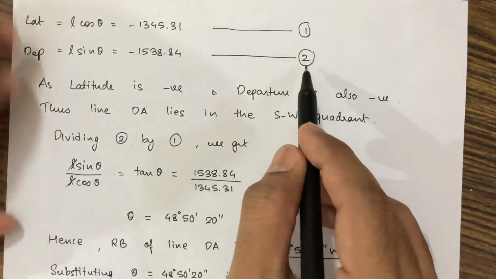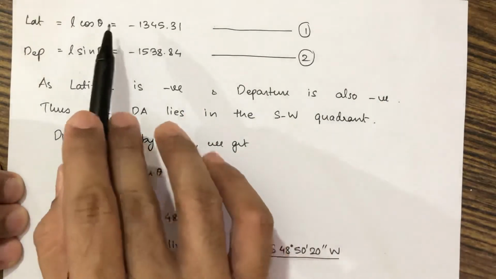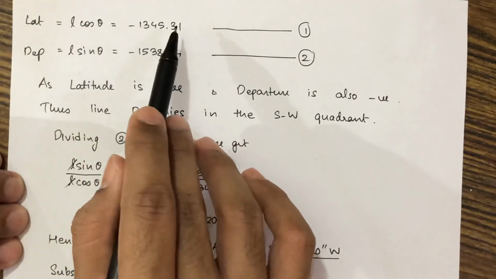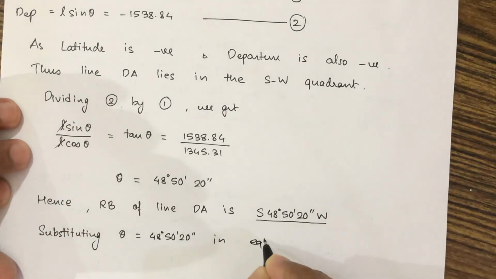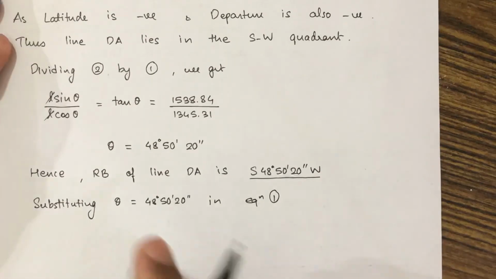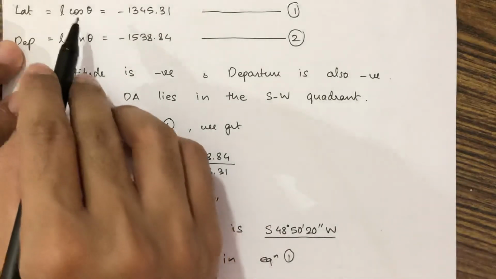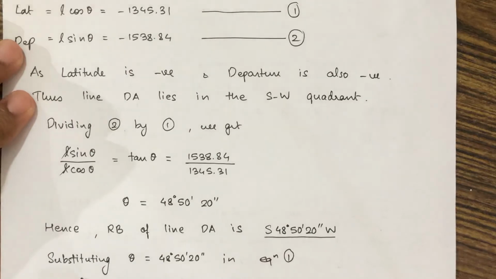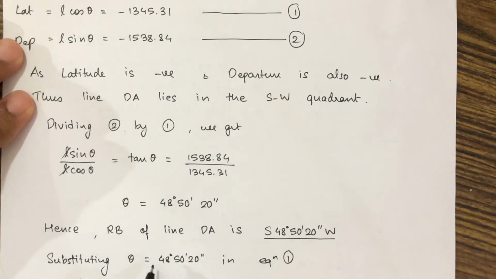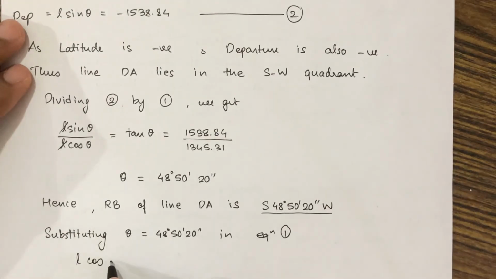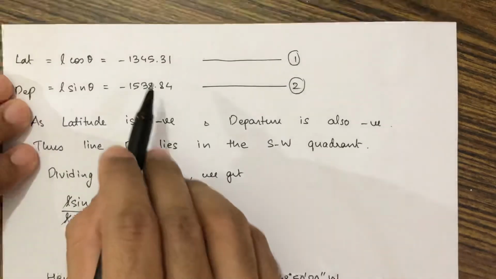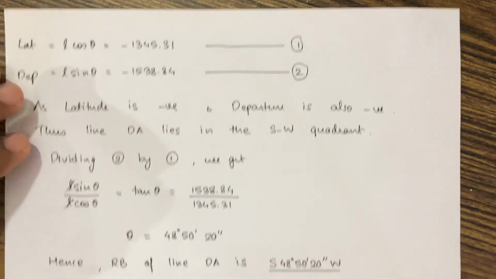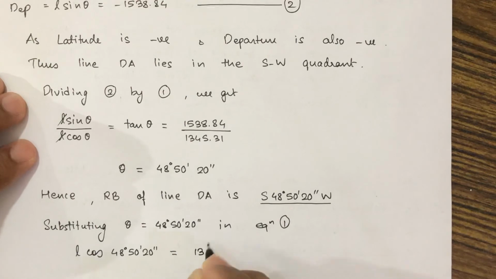If we put theta here, we can get the value of L. So let us substitute this in equation 1. L cos 48 degree 50 minute 20 second is equal to 1345.31. Again here no need to apply the minus sign.